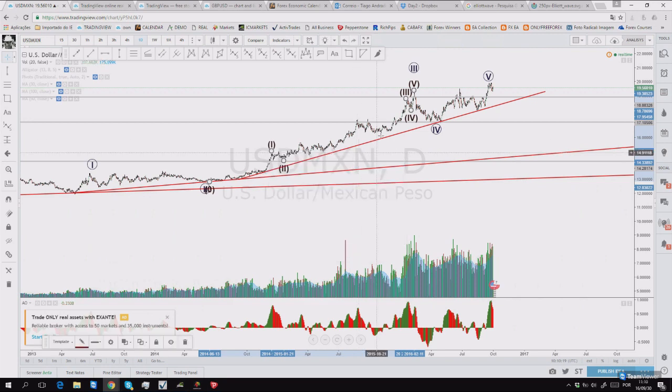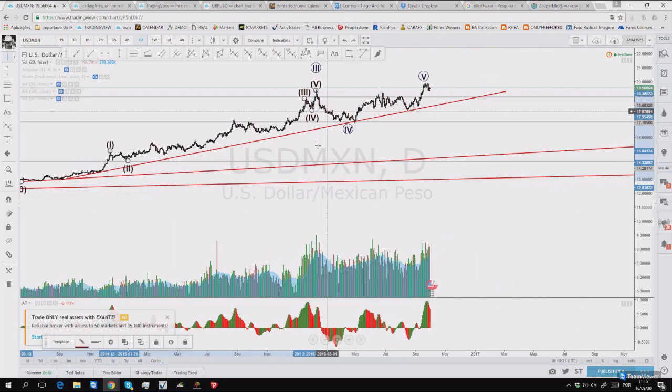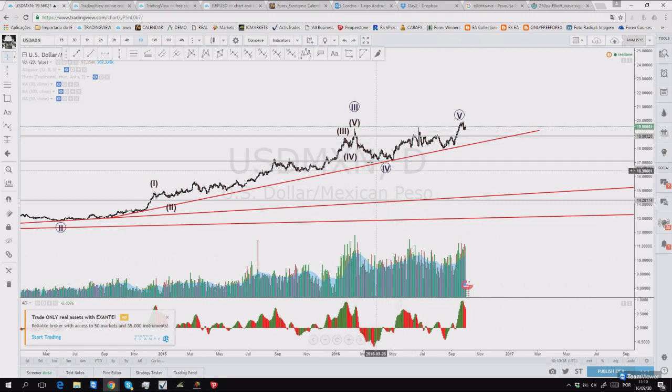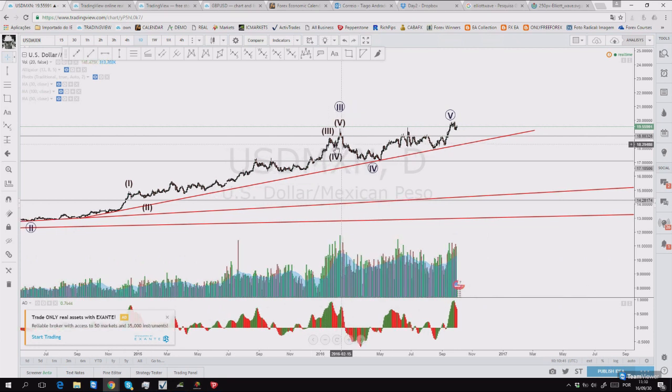I'm not going to go into labeling and stuff. Just look. This has a circle. This has sidebars. So this is a major one, and this is a smaller one. So we now want to know what's happening here. And if you look here, you had another top, wave 3, wave 4, wave 5. And look what you had here, divergence between wave 3 and wave 5.